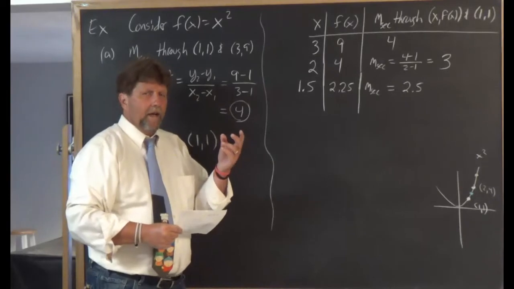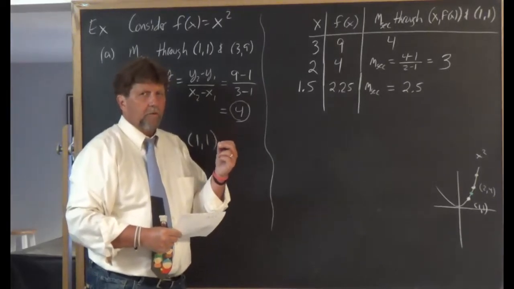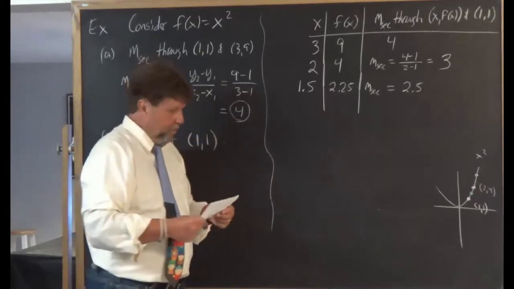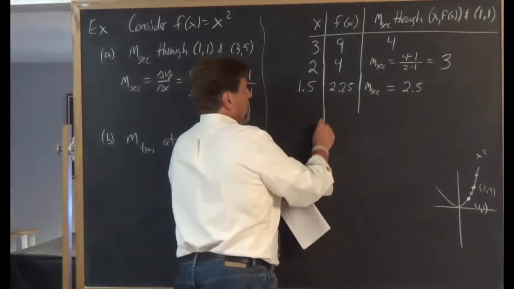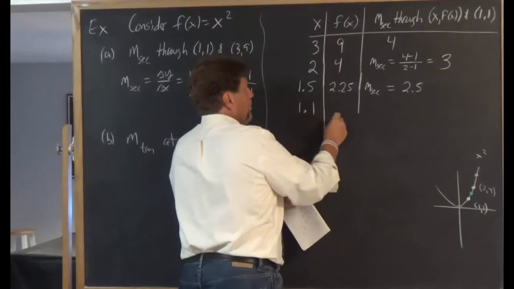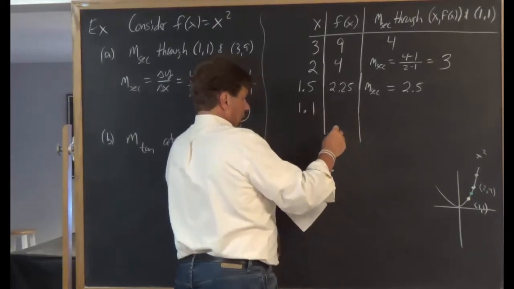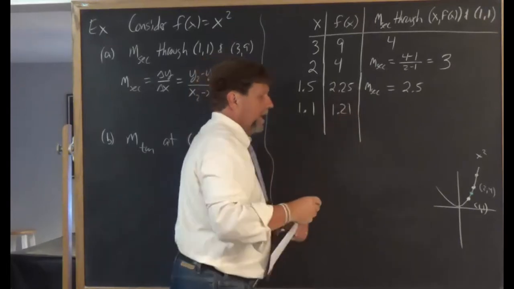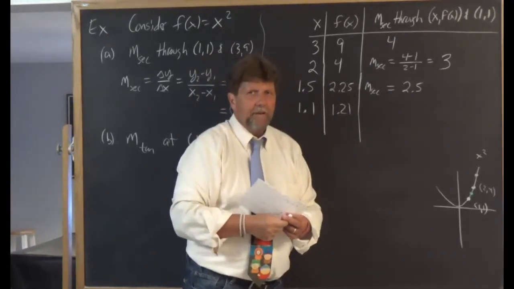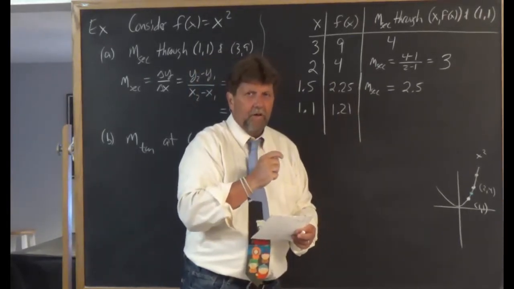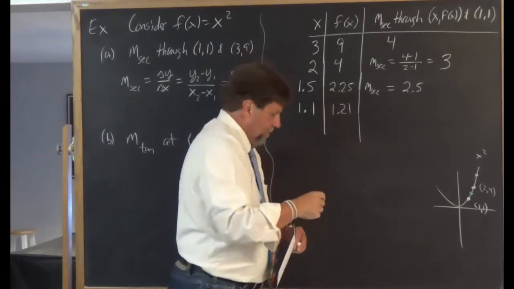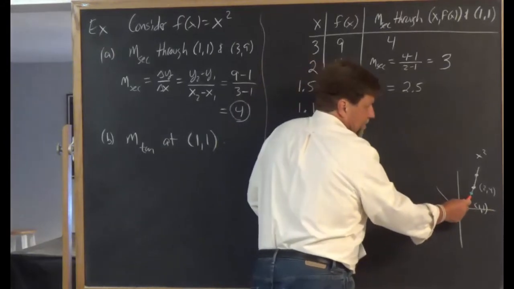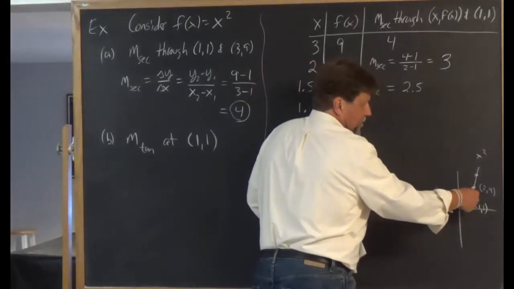Could I get a point that's even closer to (1, 1) than (1.5, 2.25)? Of course I could. I could let x be 1.1. And the y value, 1.1 squared, is 1.21. Now, I'm going to have a hard time sketching this in the small figure I have here, because an x value of 1.1 is going to be really, really close to that point.